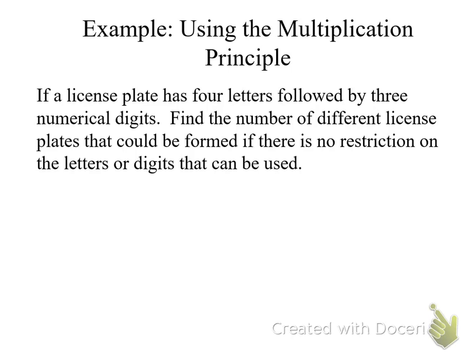So if we have a license plate that has 4 letters followed by 3 numerical digits, find the number of different license plates that can be formed if there's no restrictions on letters or digits that can be used. Okay, so I had 1, 2, 3, 4, all of these need to be letters.